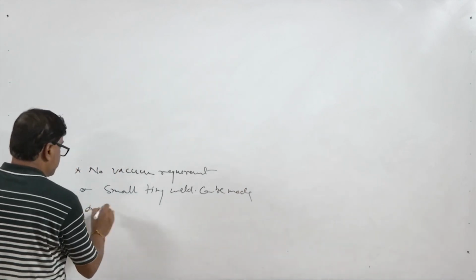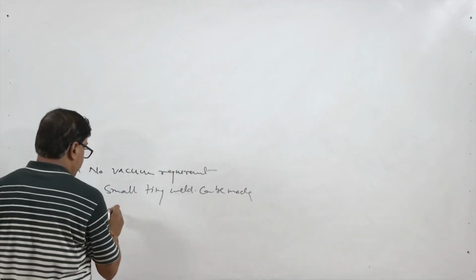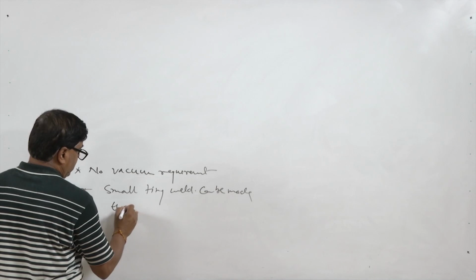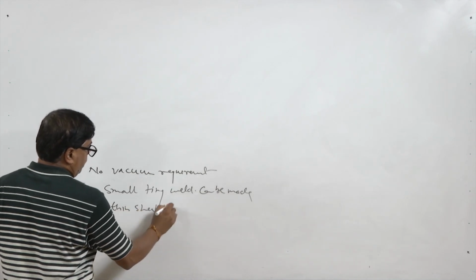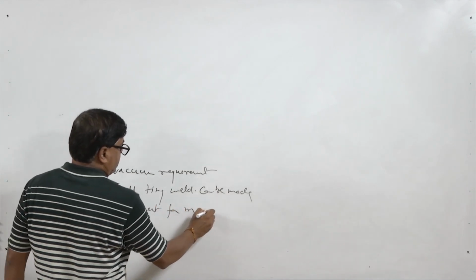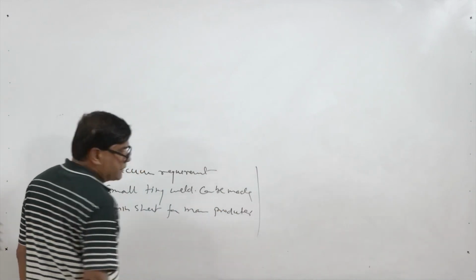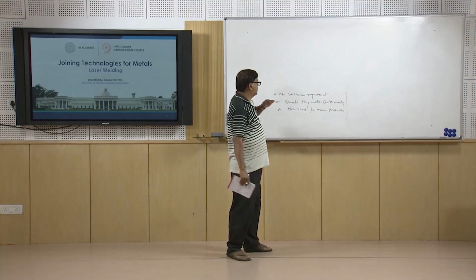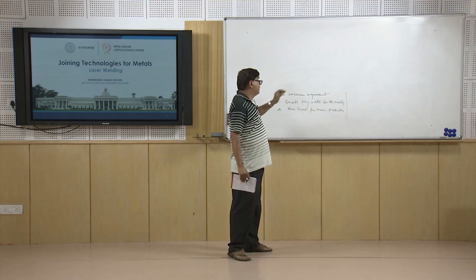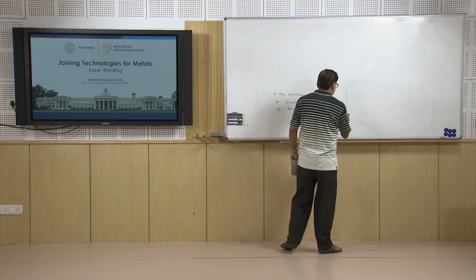This feature is extremely exploited in joining very thin sheets for mass production purposes, because the welding speed is high and thin sheets under controlled conditions can be welded effectively once the process parameters are set.